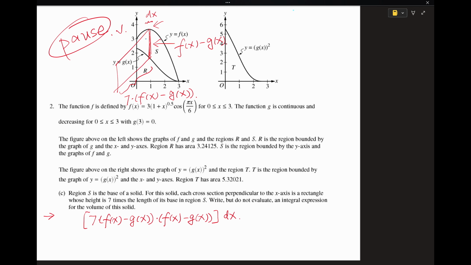The next thing we're going to do is add all the different slices up. So that's why we have the integral here from 0 to 3. And the final result would be like this.